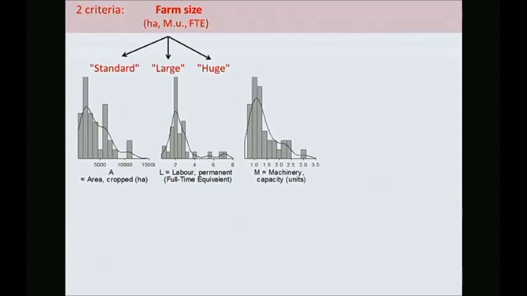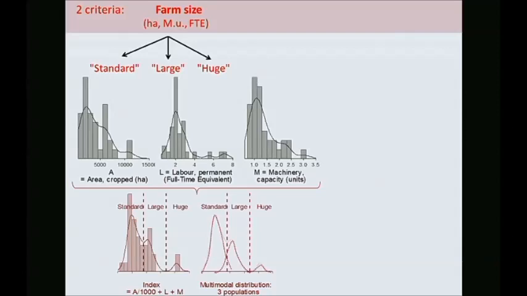And when you look at all those variables independently, it's not that obvious that you have 3 groups. But just with a simple index, it appears a lot more that actually what we have here is not one farming population, but 3. So it's a multimodal population distribution.